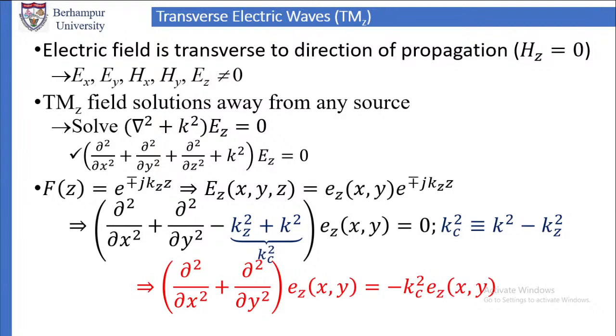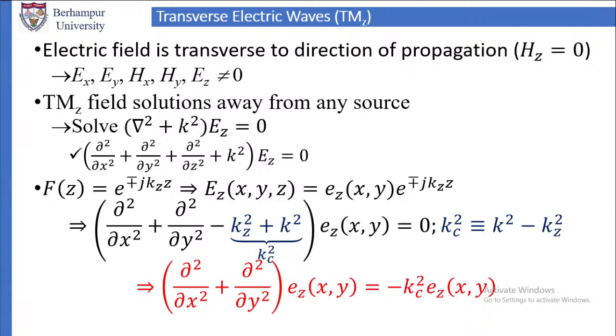The solution that we will try to find is for the Helmholtz equation in E. So this will be del square plus k square, operating on Ez, is equal to 0. Now you can write that as dou square by dou x square plus dou square by dou y square plus dou square by dou z square plus k square operating on Ez is equal to 0.